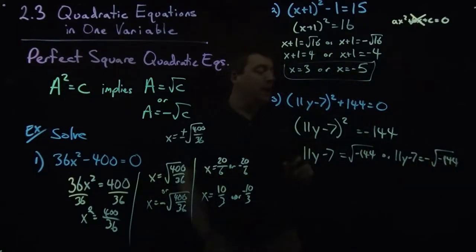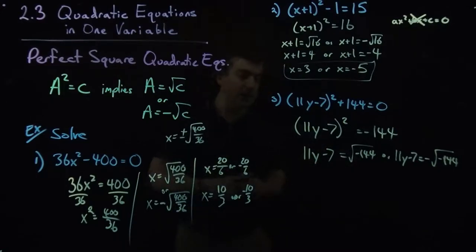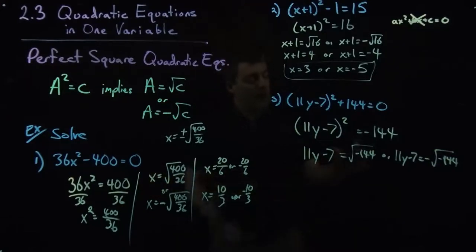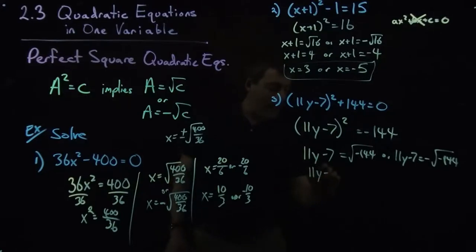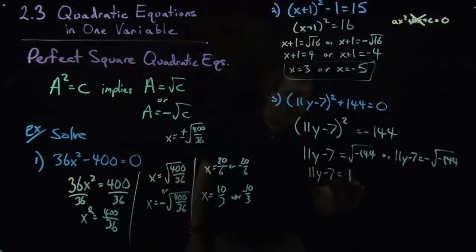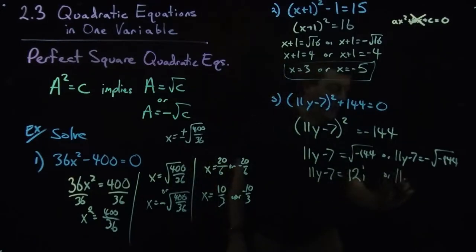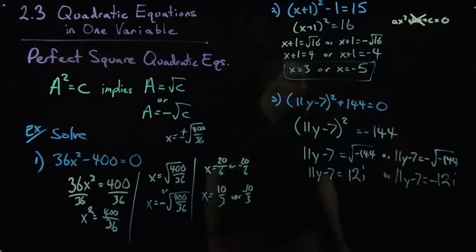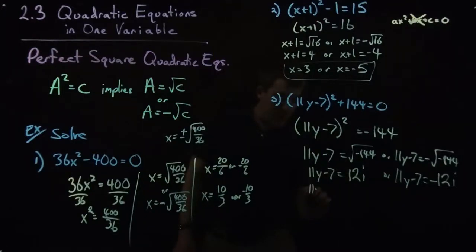That's not a problem really, because we know that if we take the square root of a negative number, we're dealing with a complex number. So this should be 12i. So 11y minus 7 equals 12i, or 11y minus 7 equals negative 12i. All right, so we add the 7, so 11y equals 7 plus 12i.